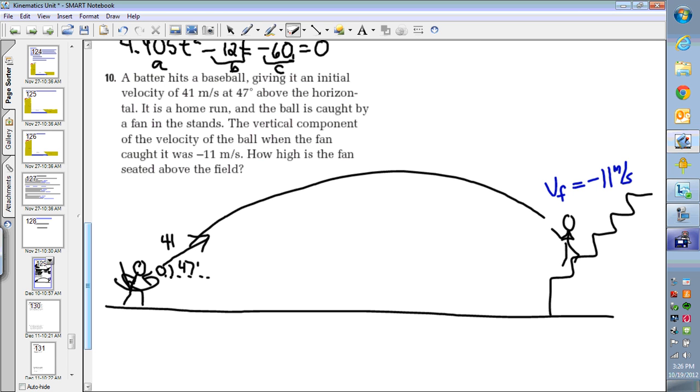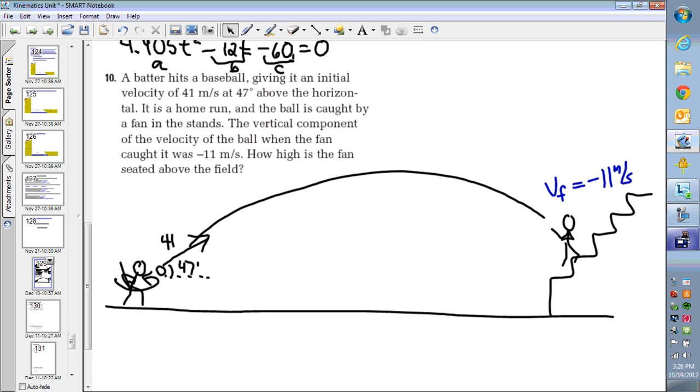So in question 10, you have a batter hits a baseball. So the swing of the bat over here. And the ball goes away at 41 meters per second. The angle is 47 degrees to the horizontal. It's a home run, so the ball is caught in the stands by a fan.